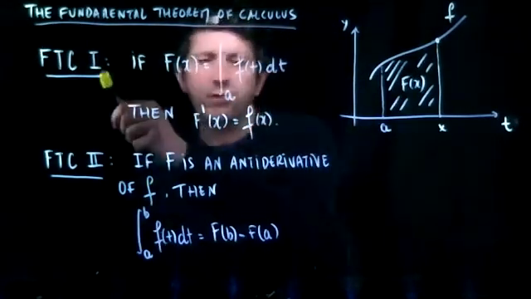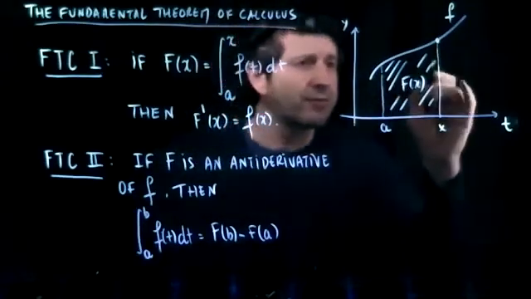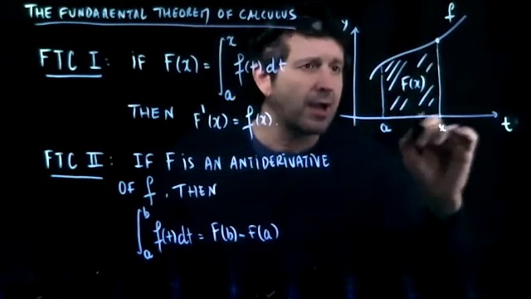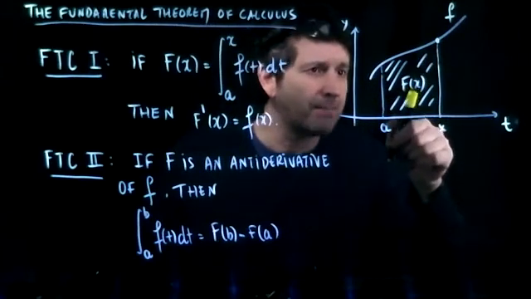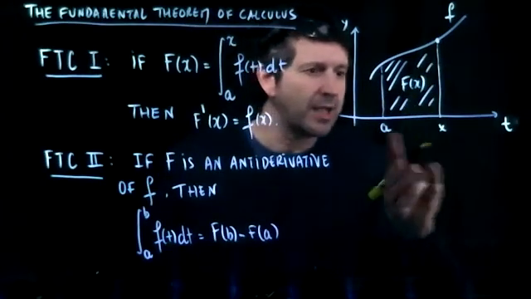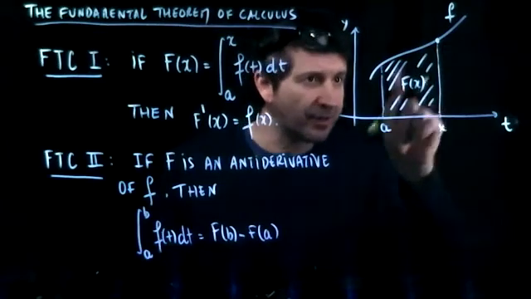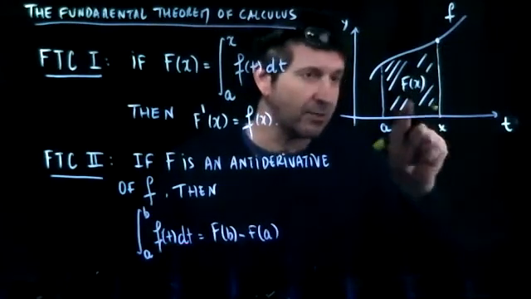What the fundamental theorem of calculus part 1 tells us is that if I define big F as the area between a and x under the function, I'm defining this F as this area.